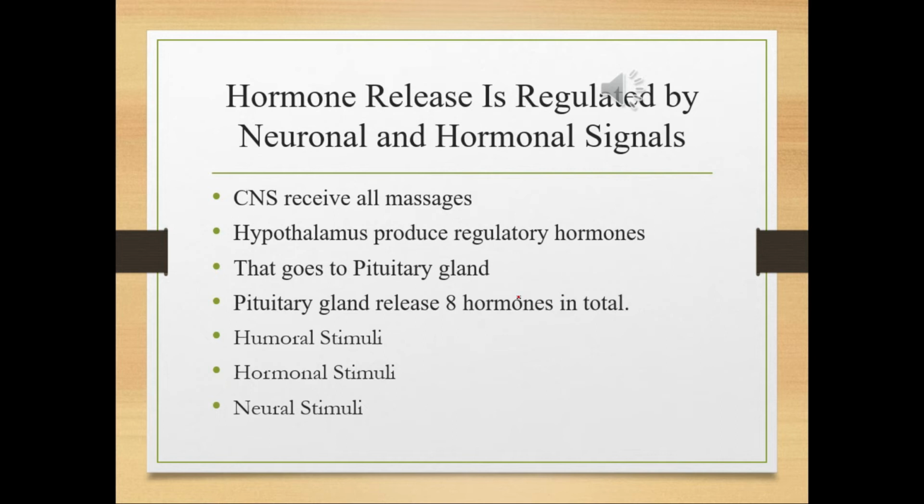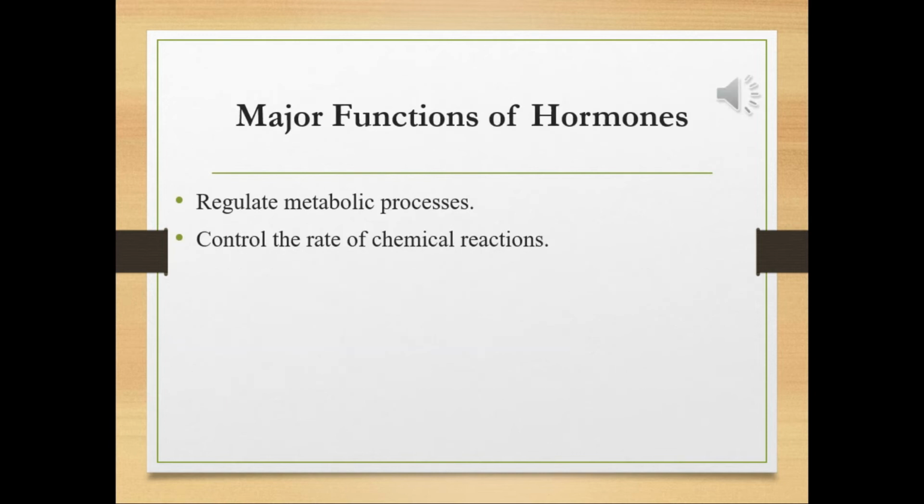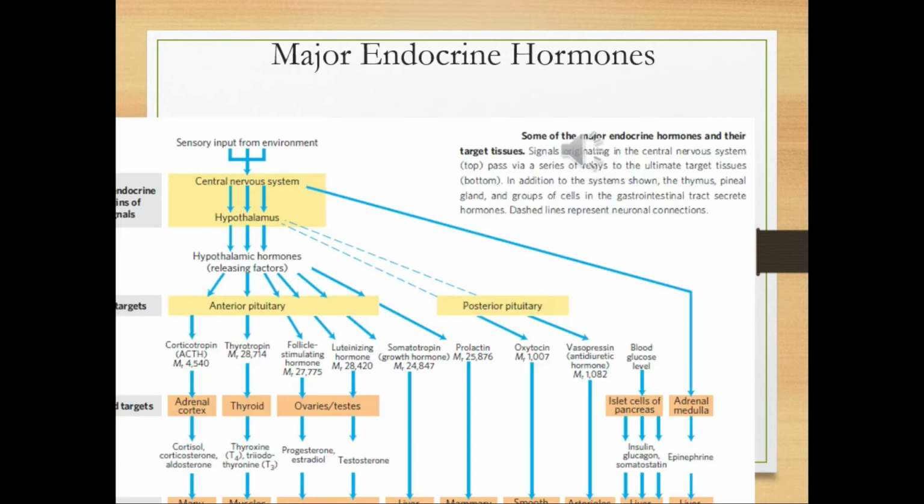hormone production by other endocrine glands, such as we have seen in our picture here, that the anterior pituitary will release corticotropin. So corticotropin is a hormone released by a gland, and it will act on another gland, the adrenal cortex, which will release cortisol, and the cortisol will act on its ultimate target.